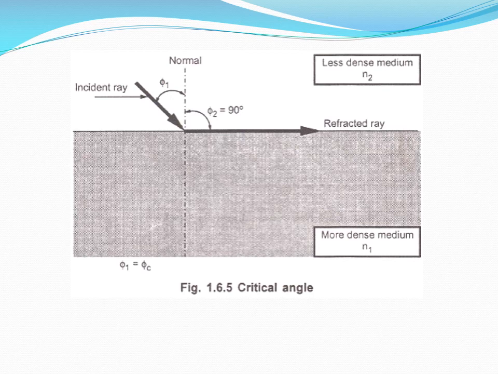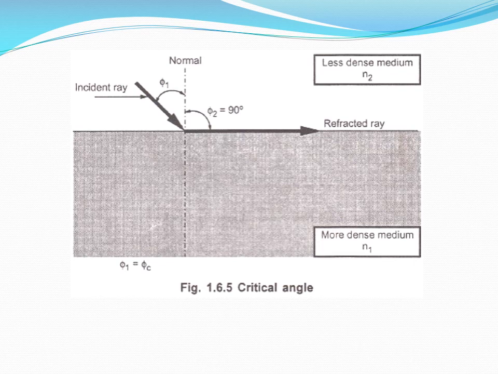In the diagram, the ray is incident onto the surface and gets refracted, but it is making an angle of 90 degrees with the normal, or it is parallel with the interfacing surface. This angle will be equal to the critical angle. So the minimum angle of incidence with which the refracted ray makes 90 degrees with the normal is the critical angle.